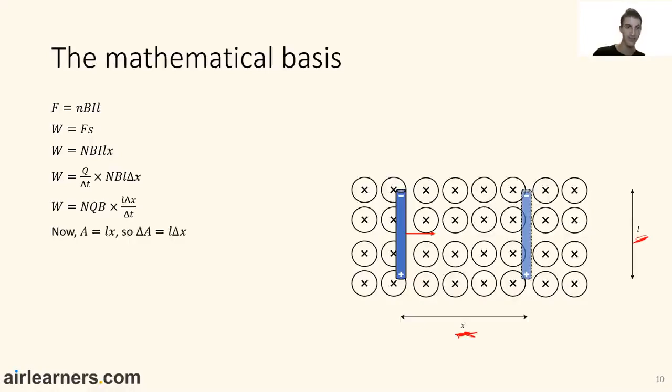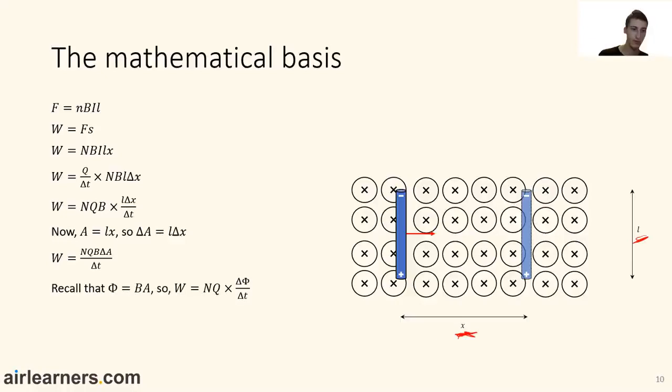So we know that the area of the rectangle, the way it moves, is L times X. So the change in area is going to be L, because L doesn't change, it's a constant, multiplied by the change in X, which means that we can simplify the equation slightly to be NQB multiplied by delta A all over the change in time. Now that's work.